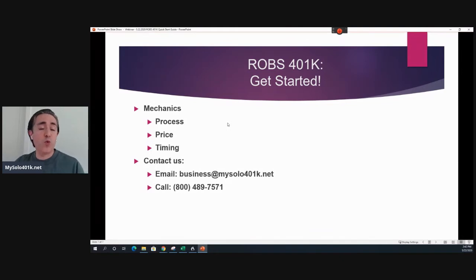you had rolled over to your current plan from your previous employer plan. Like, let's say you worked at Ford, then you got a job at GM. Now you're currently working at GM, you want to do a ROBS, and you rolled over your Ford 401k to your GM 401k. GM is going to likely allow you to transfer out at least the money that you rolled over, even if you don't quit your job at GM.